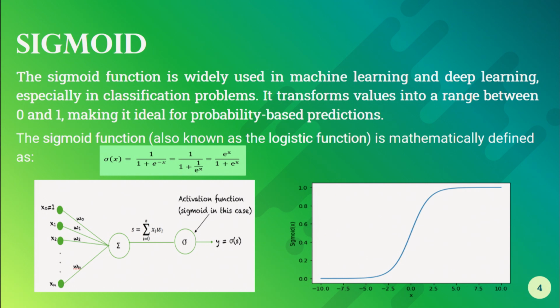If you see the mathematical formula, the sigmoid function takes the formula 1 by 1 plus e power minus x, and graphically it is an S shaped function.